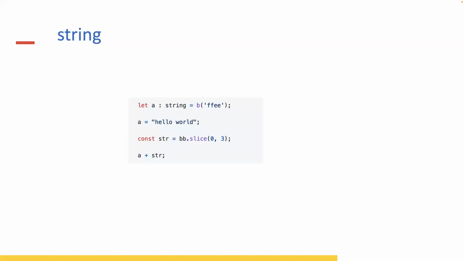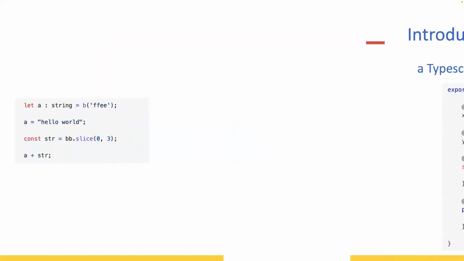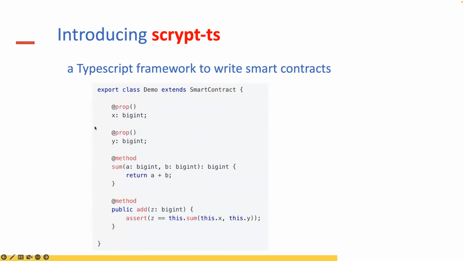Okay, just a brief recap. In the last session we announced what we call scriptTS. Instead of using a totally new language, for example, sCrypt or even Bitcoin Script, to write smart contracts on Bitcoin, we introduced this new framework that enables you to write everything in TypeScript.